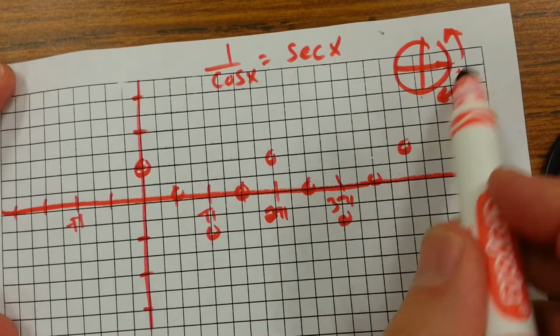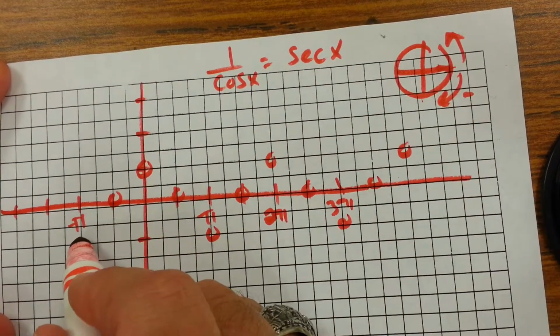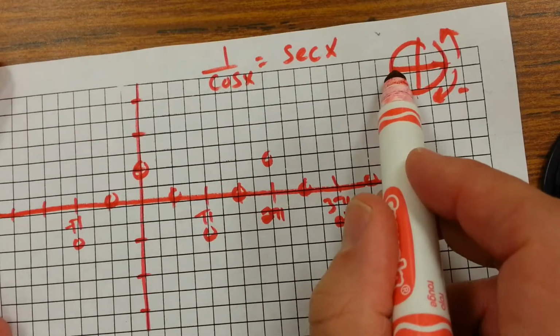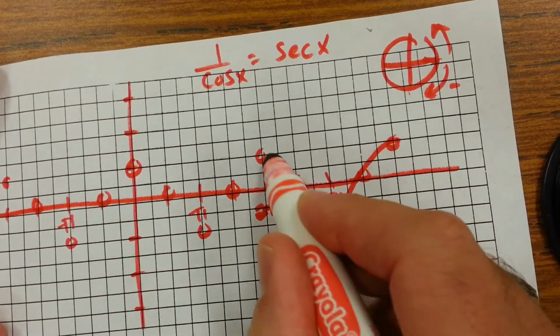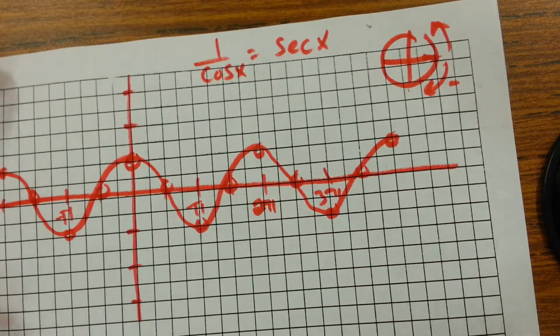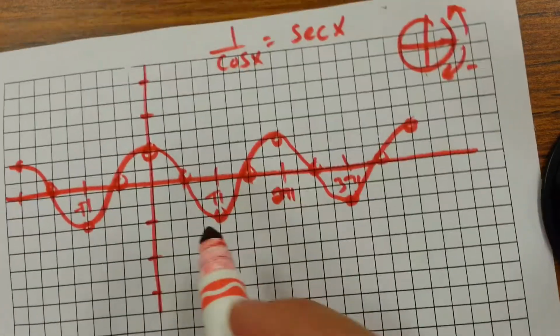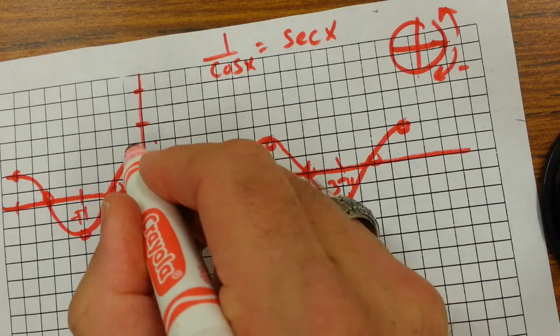Going this way, negative, it starts off at 1, 0, negative 1, as I go over here, 0, 1. So here's my cosine graph with no shifts, vertical shifts, horizontal shifts, normal amplitude. Here's my 1 and negative 1.